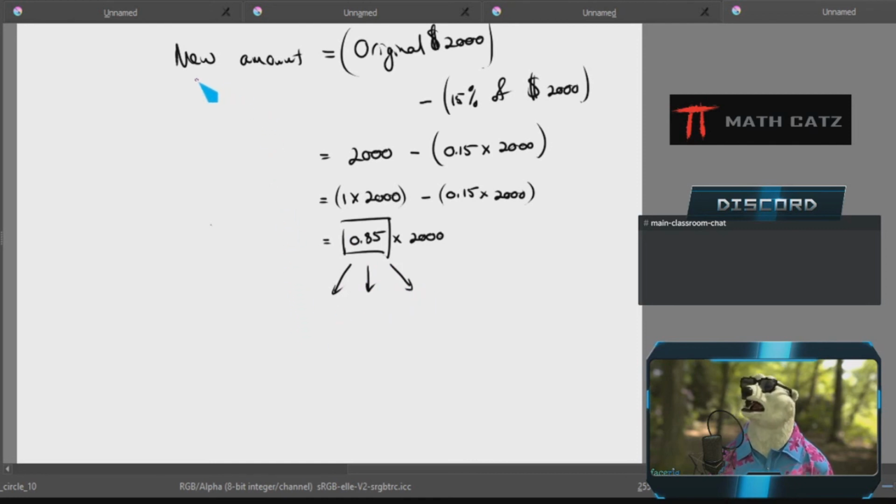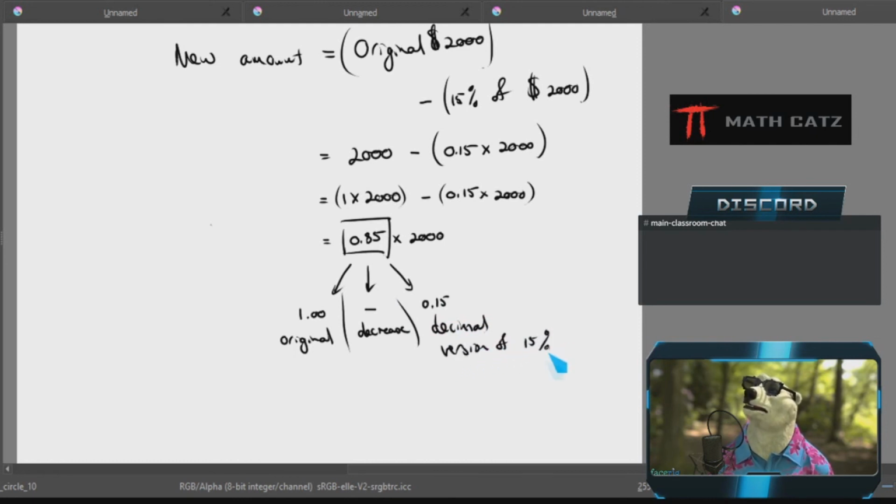It comes from an adjustment of my base amount, 1, or 1.00, or 100%, from the original that is being adjusted, minus, because of the decrease, and then 0.15 because of that being the decimal version of the percentage in question.